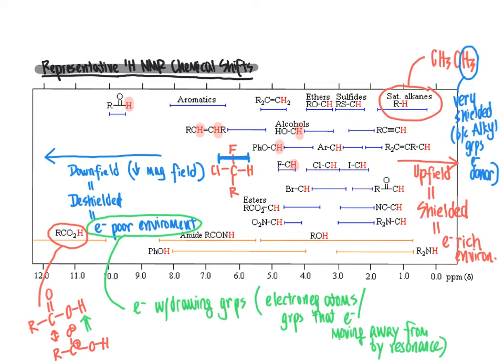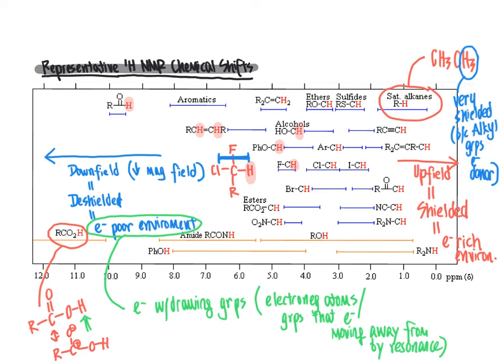So it's going to deshield the hydrogen atom that we're measuring here, that is the hydrogen atom that I'm highlighting in pink here, would be further downfield, further deshielded because the fluorine and the chlorine both work together to pull electron density away from the carbon. So the more electron withdrawing groups you have, the further downfield the chemical shift is expected to be.